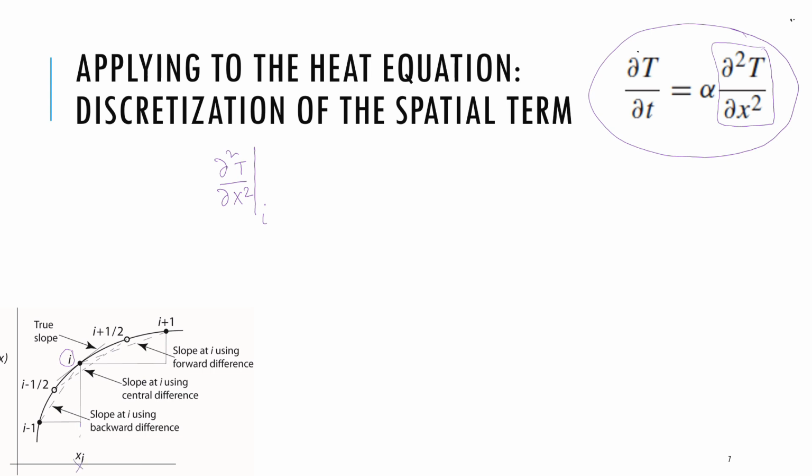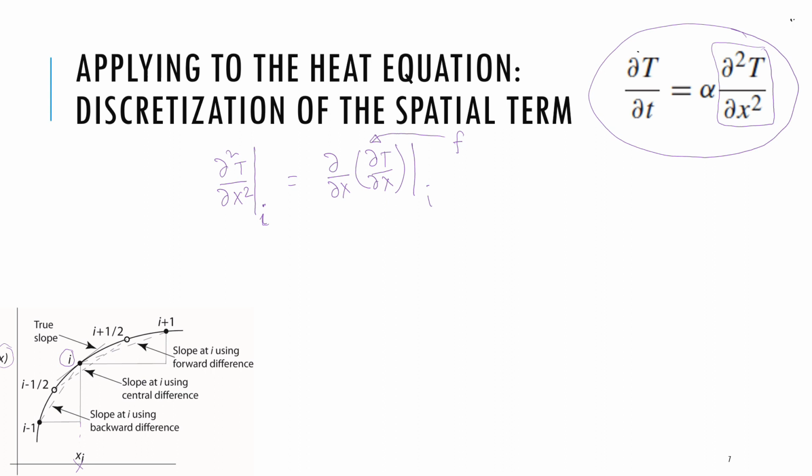At location x or i, I can write the second derivative as the derivative of this term here at the same location. So this quantity inside the bracket is like my function f that we had been talking about. So this is like f of x.